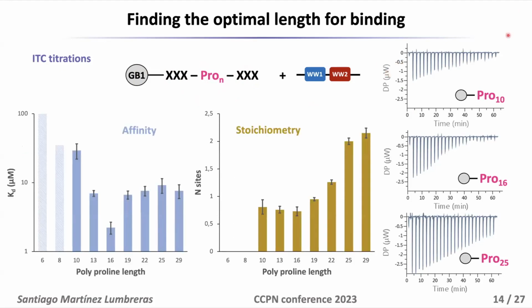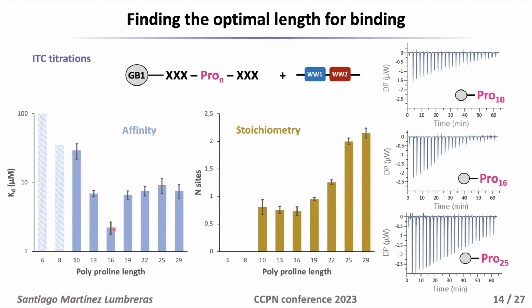As you can see here, we have different ITC titrations, and the analysis shows that with an increasing number of prolines in the peptide, we had increasing affinity until we reach 16 prolines in a row. After that, we have an apparent decrease in affinity, but an increase in the stoichiometry. So 16 is the minimal length of polyproline that is able to interact with both domains of the tandem at the same time.